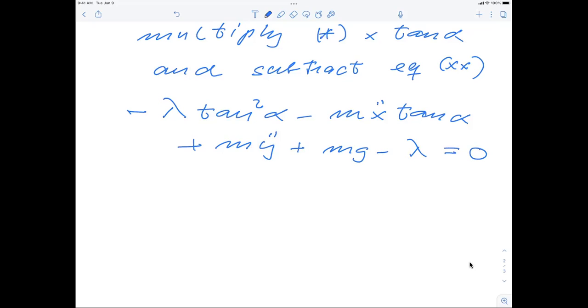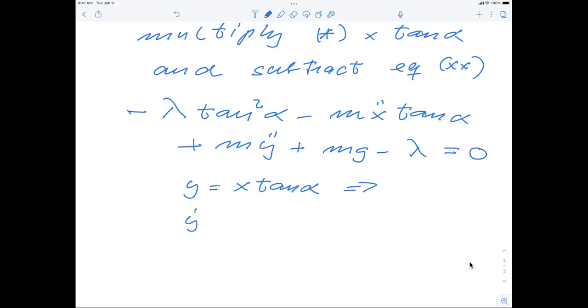Now this doesn't look like an improvement at all, right? So one thing to keep in mind now is that we have y, which is equal to x times tan alpha. This is a constraint which we have. So the angle alpha doesn't change with time.